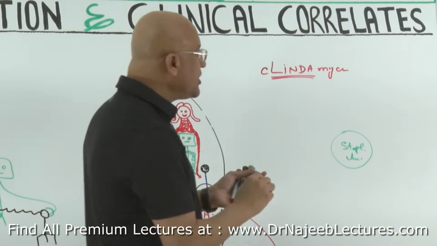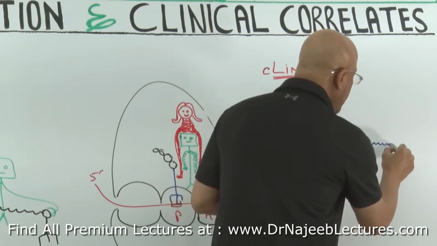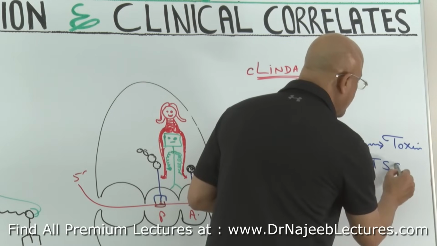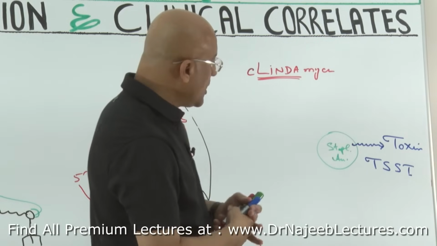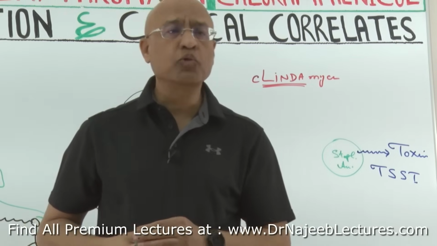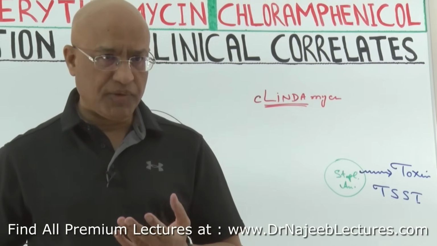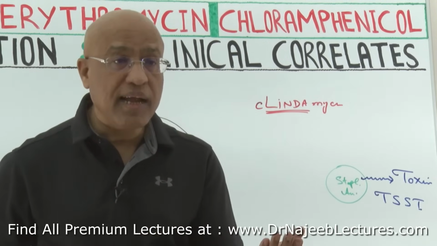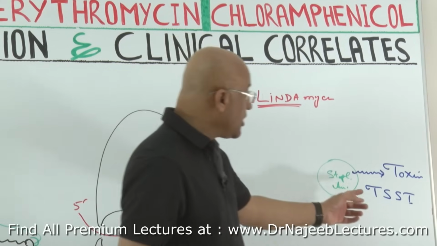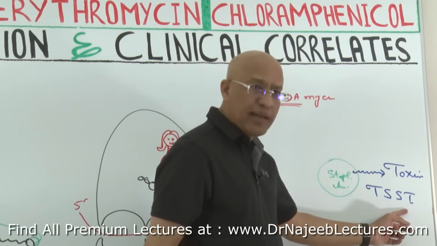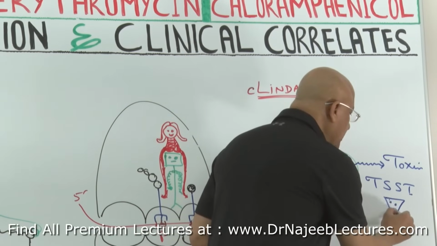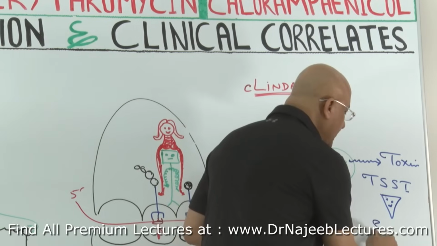Now this Staph aureus can produce a toxin which is called toxic shock syndrome toxin. Now this toxic shock syndrome toxin actually is commonly produced by some strains of Staphylococci and some strains of Streptococci. And this toxin, toxic shock syndrome toxin, is basically what? This is a superantigen.